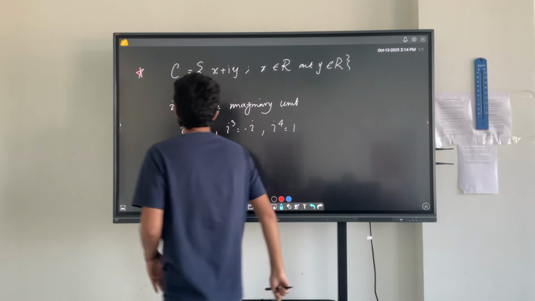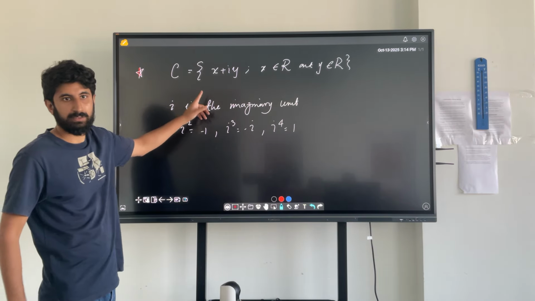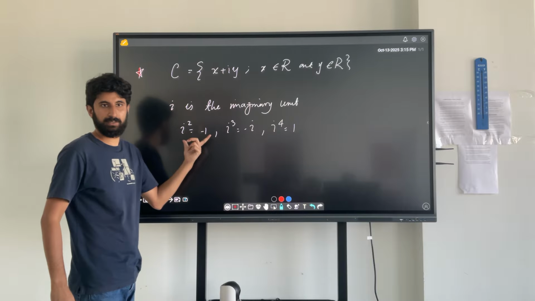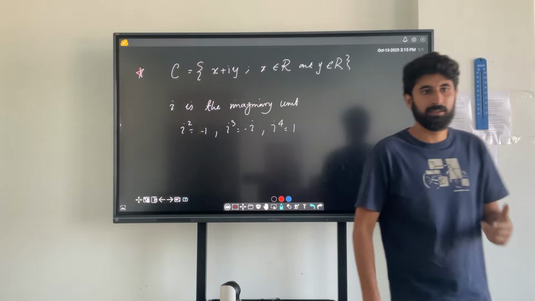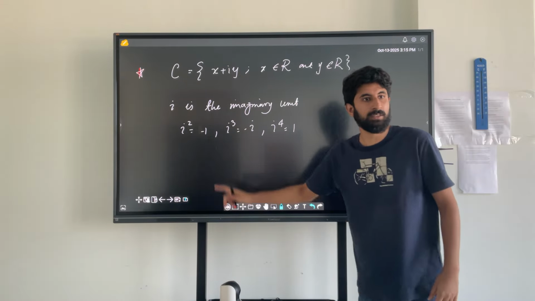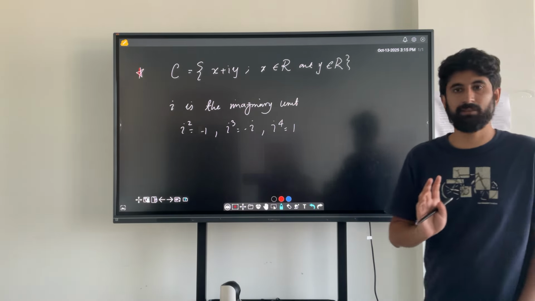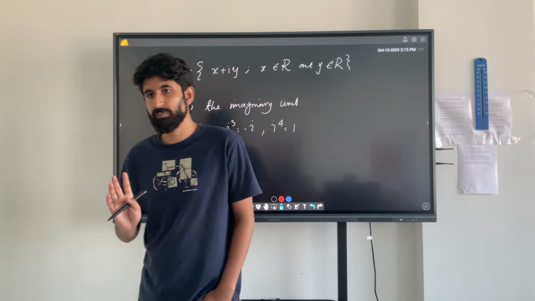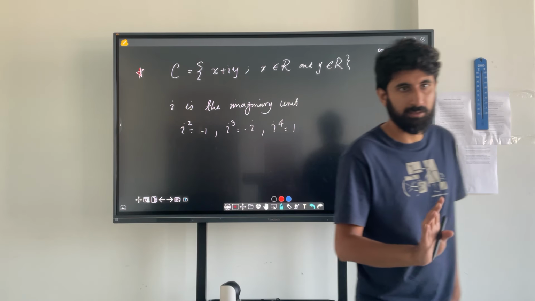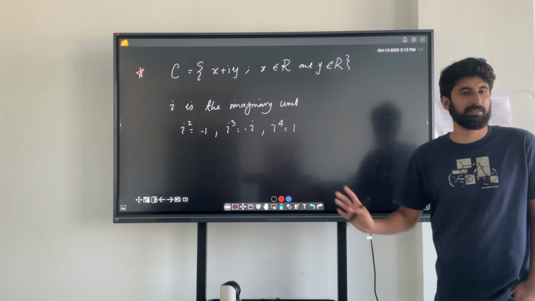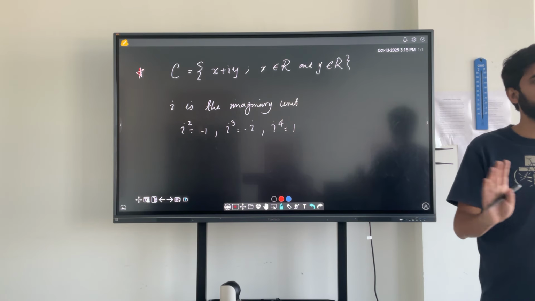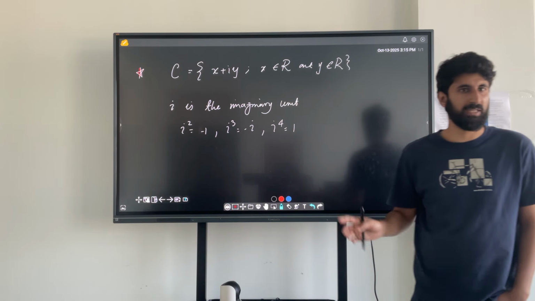Now, you will see that this set of numbers, just with this little tweak that iota square is minus 1, leads to amazing consequences. While it may not appear from this, it has tremendous applications in physics and mathematics as well.